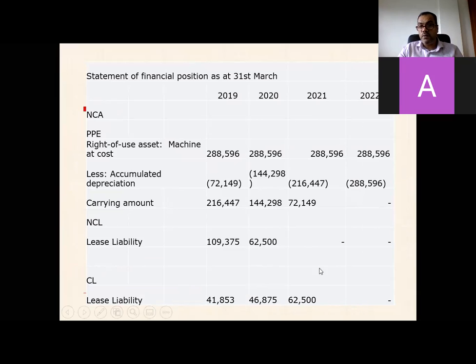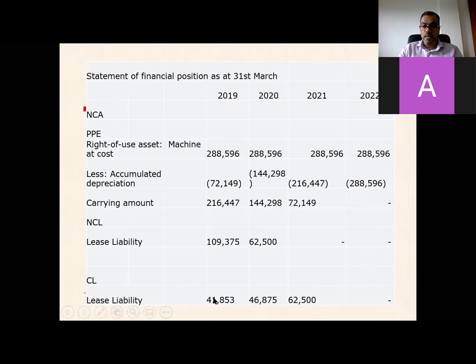Therefore, at the end of 2021, there is only a current portion, no non-current liability. Since this liability will be settled in 2022, at the end of 2022, there are no liabilities.